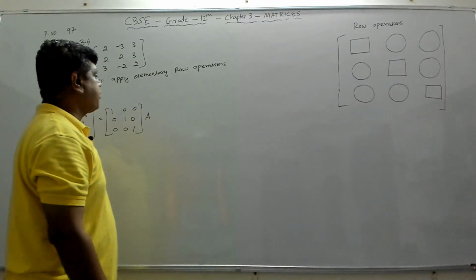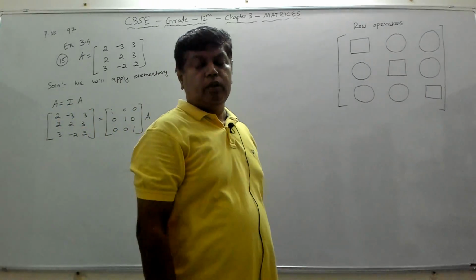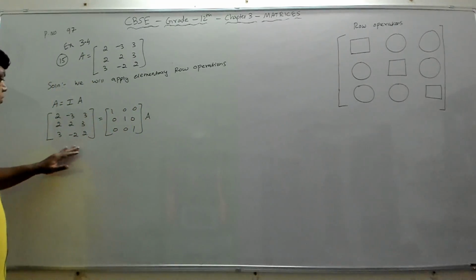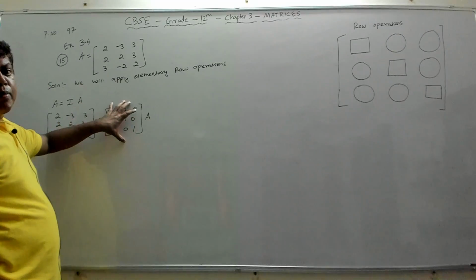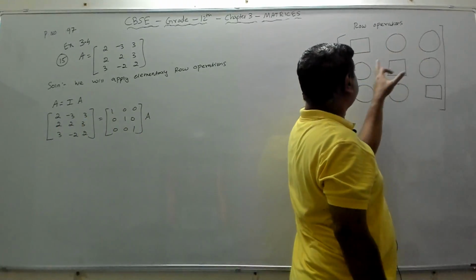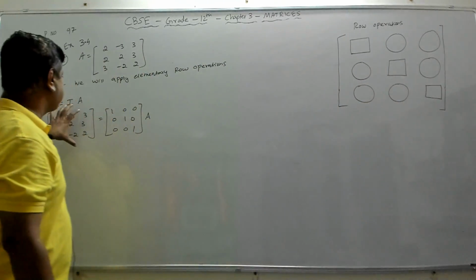If we are going to apply the row operations to find the inverse of the given matrix A, we apply a series of operations so that this matrix becomes an identity matrix, 1, 0, 0, 0, 1, 0, 0, 0, 1.